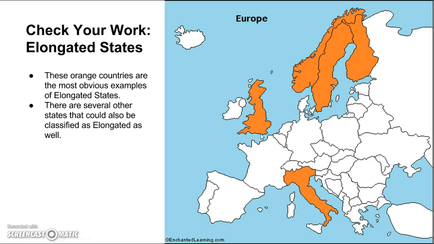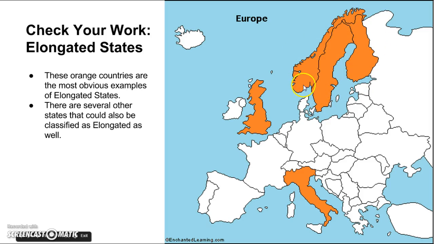This one over here, England, is fairly elongated. It's not as dramatic as some of the other ones, but it is still a fairly long country that is stretched out. The other ones, or a few other ones, are the countries over here, Sweden, Norway and Finland. I'm not sure which order they're in.